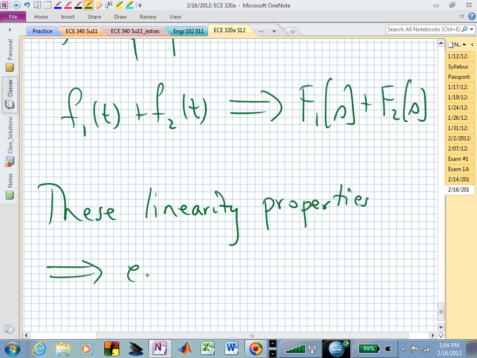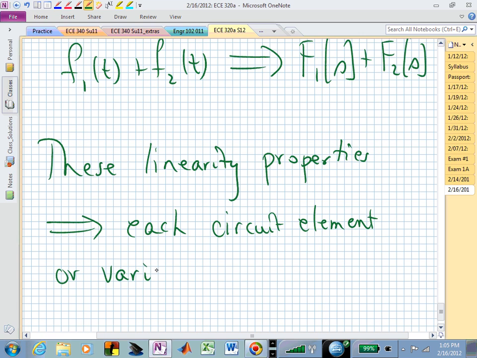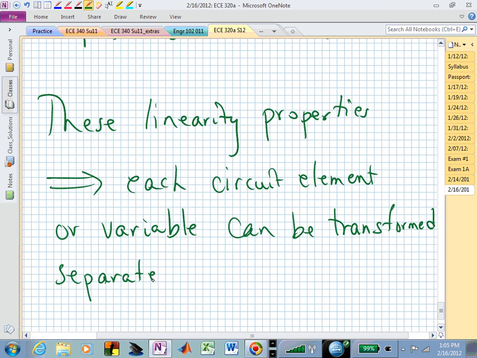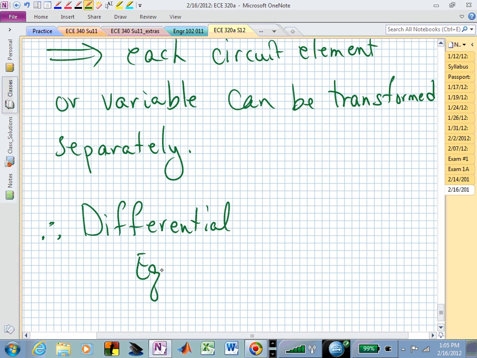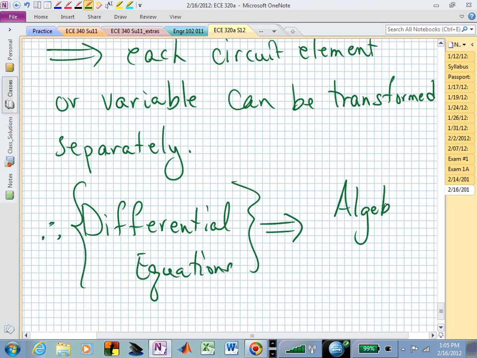They are what allow each of these circuit elements, these R's, L's, and C's, or sources, each circuit element or variable, to be transformed separately and put back together to allow us to really convert differential equations which might arise from a given circuit into algebraic equations in the frequency domain.